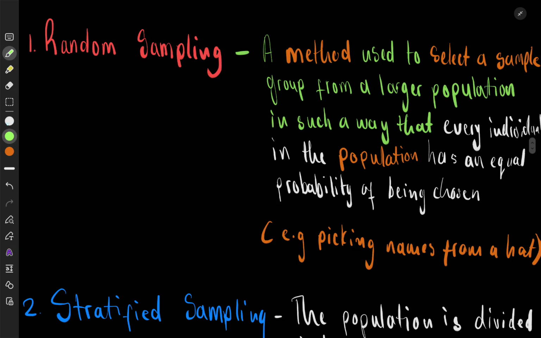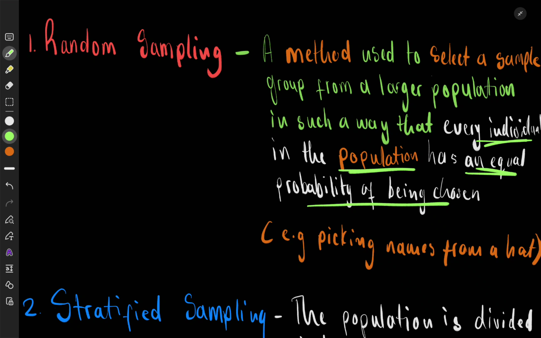Number 1, we'll be saying random sampling. What is this? This is a method used to select, in which every individual in the population has an equal probability of being chosen. This is the only way in which we describe random sampling.